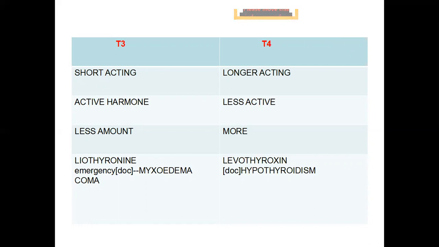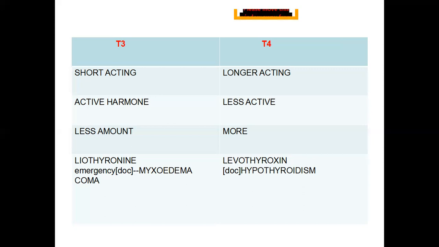And compared to T3, T4 is economically available to the patients. T3 is very costly. Normally, in all hypothyroid cases, the drug of choice is levothyroxine.